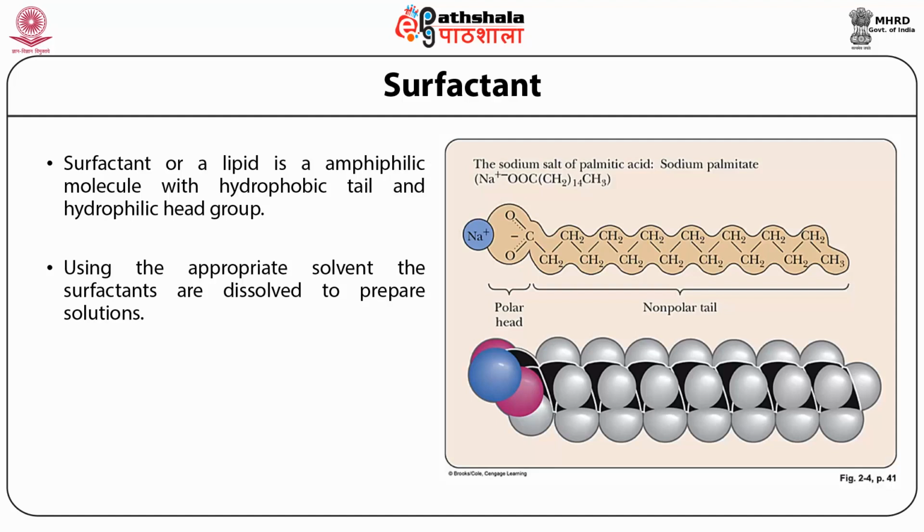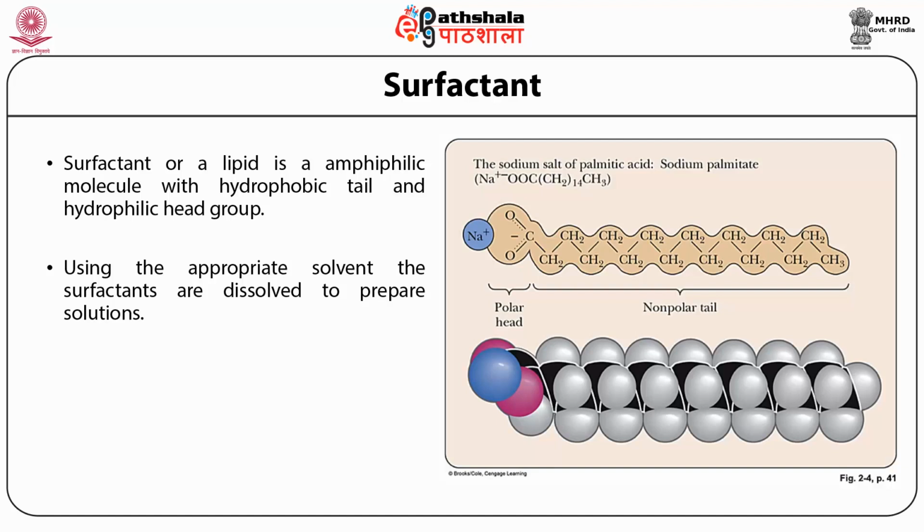This tail is hydrophobic, and when you put it inside water, the hydrophilic head group would like to stay in the water, and the hydrophobic tail goes out of the water. So this molecule has a bipolar character: when you put it in the water, it decides which side to stay in the water, and the hydrophilic head group stays and the hydrophobic group goes out.